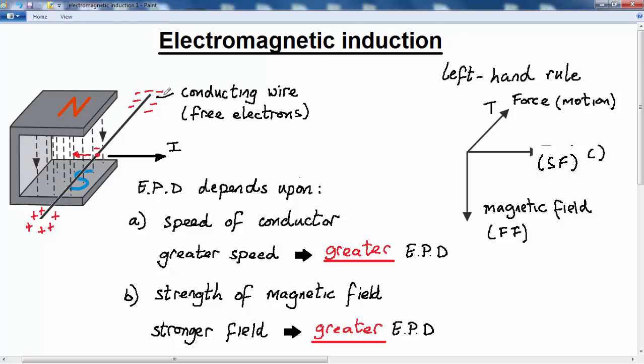We've got to have a closed circuit in order to generate a current. So in the next lesson we're going to extend this to look at what happens when we use a conducting loop rather than a single straight conducting wire. That's going to provide us with something a bit more useful, and then we'll have a look at what happens when we extend that single loop into a solenoid.